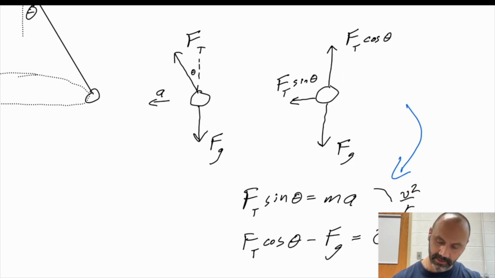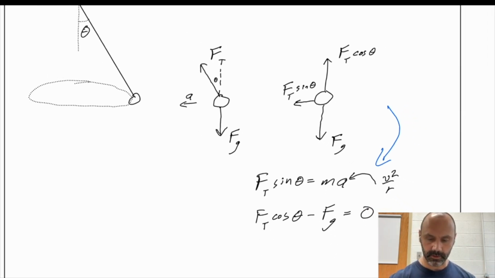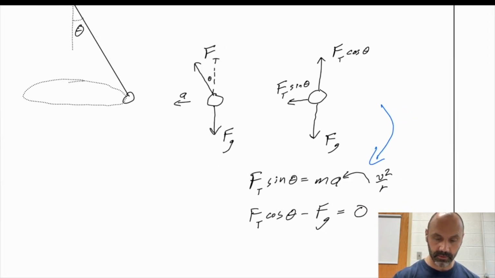It all depends on what my next step is going to be, what I'm going to plug in, what I'm going to solve for. One thing you could do is use this equation to solve for FT. If you know the mass of the object, you can find FT. Or maybe they want you to find the velocity for it to remain at that particular angle, so you find FT, plug it in here, and go from there.